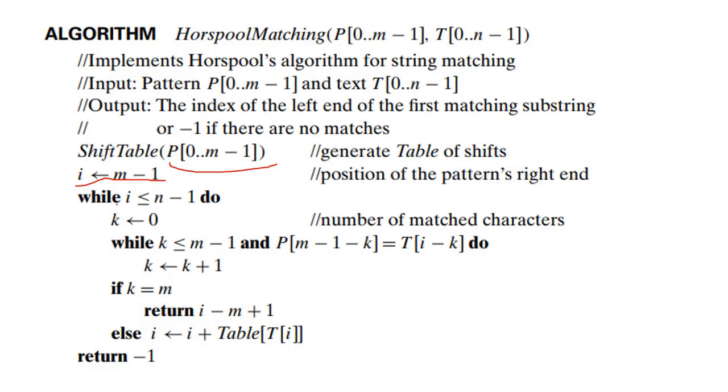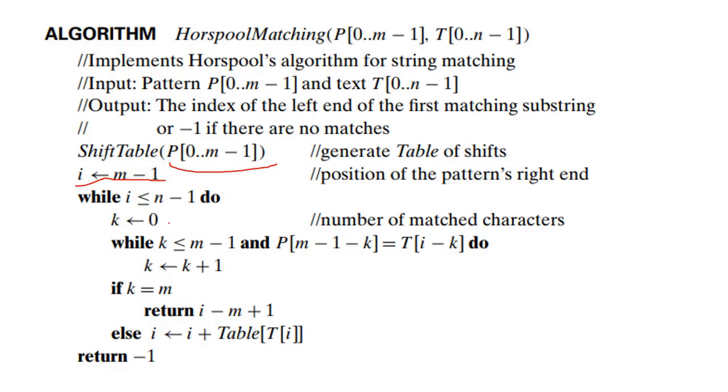We do the process till i is less than or equal to n minus 1. You go from the right end of the pattern string to the left end of the pattern string and check whether the elements match.